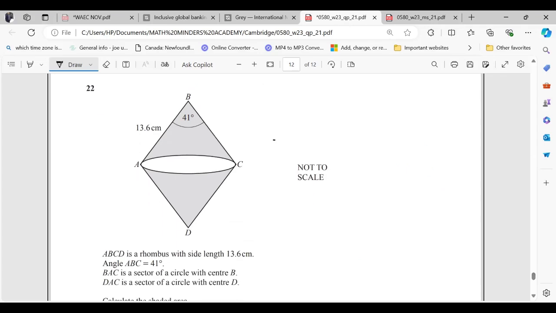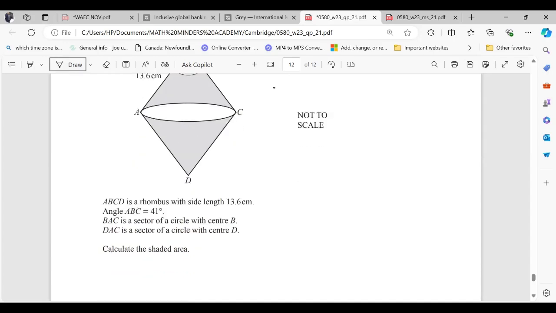Question number 22. ABCD is a rhombus with side length 13.6 centimeters. Angle ABC is 41 degrees. BAC is a sector of a circle with center B. DAC is a sector of a circle with center D. Now here, we want to calculate the shaded area.